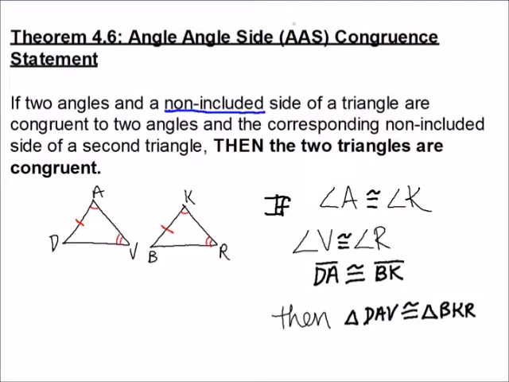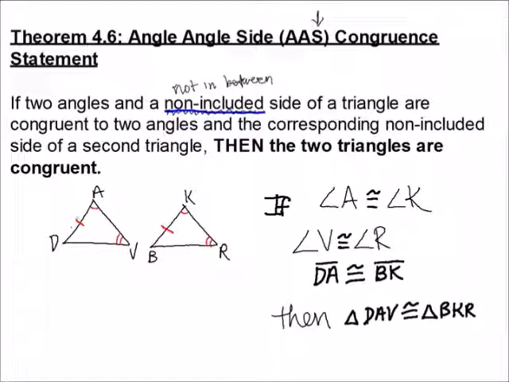Theorem 4.6, angle, angle, side. Notice in this one, the side has to be outside your two angles. It cannot be in between. You would use angle, side, angle for that. So if a non-included side, so not in between, if your side is not in between two angles, but you can still prove two angles congruent. So if I have angle A and angle K, if it tells me they're congruent, angle V and angle R are congruent, and then your side.